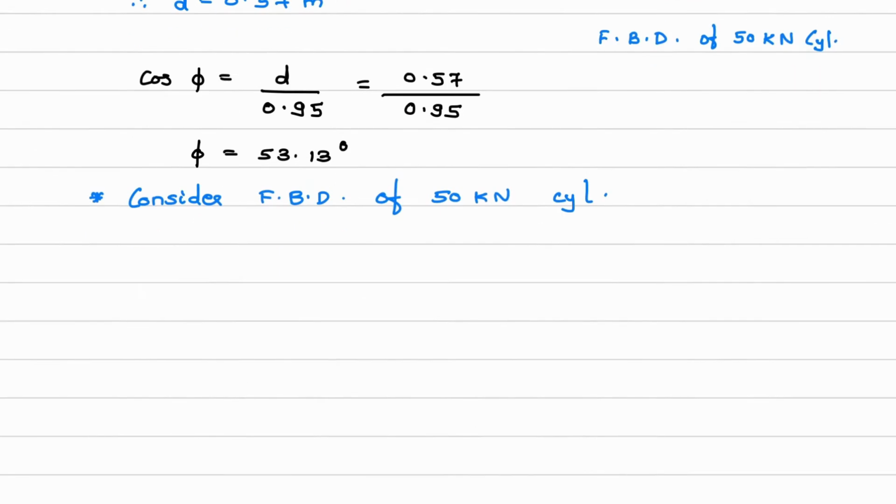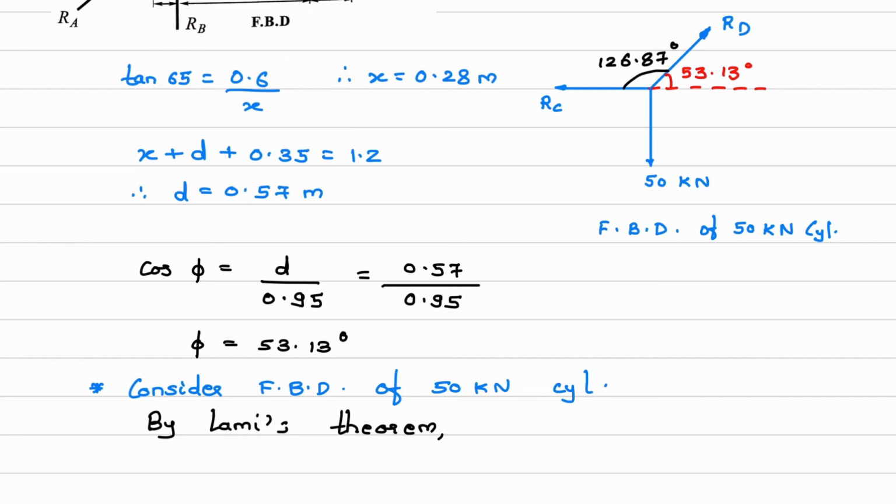So I will write down, by Lami's theorem, what I can write: 50 upon sine 126.87 equal to RD upon sine 90. This angle, sine 90, equal to RC upon sine of this angle. What is this angle?